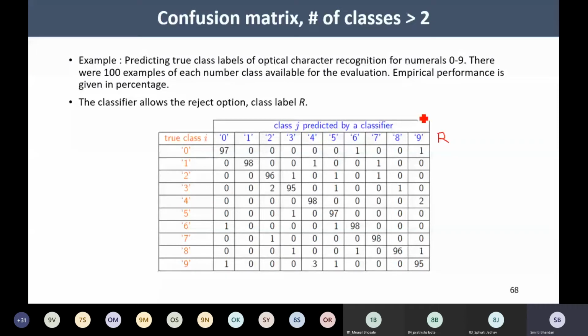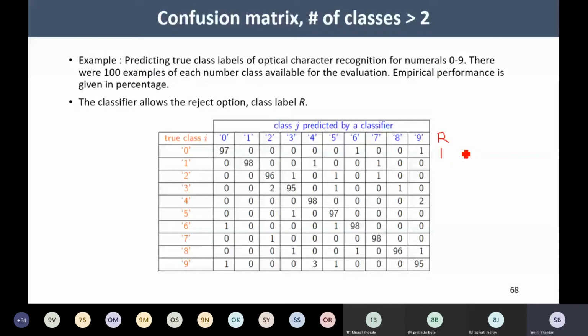So reject option. What it means, reject option, if I am having one sample that is presented to my system, and if that sample is not being classified as any of these 10 classes, then I may say that this has been classified as the rejection.